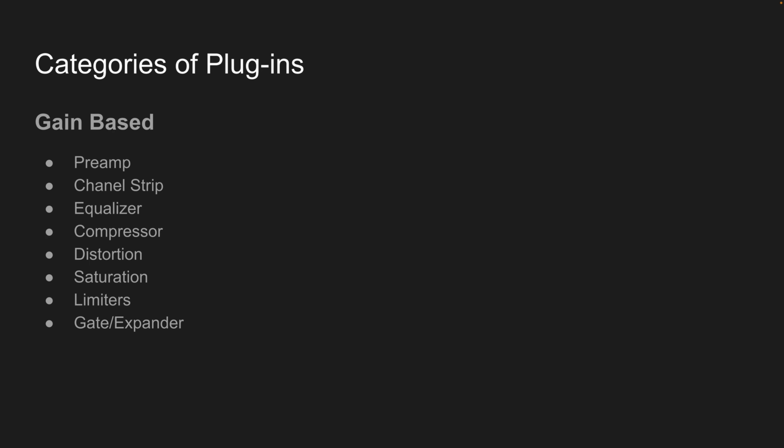Gates and expanders, de-essers, you would use these on vocals to get rid of some of the sibilance that may be sticking out in the mix, to make it sound more pleasing. Envelope shaper, this is basically a waveform shaper. And then transient designers, I use them a lot on drums, where you can reconfigure the transients within a waveform.